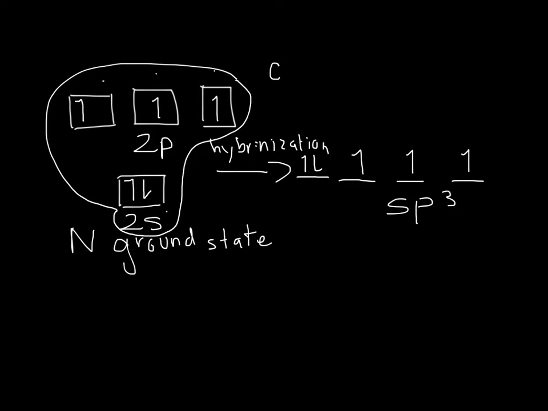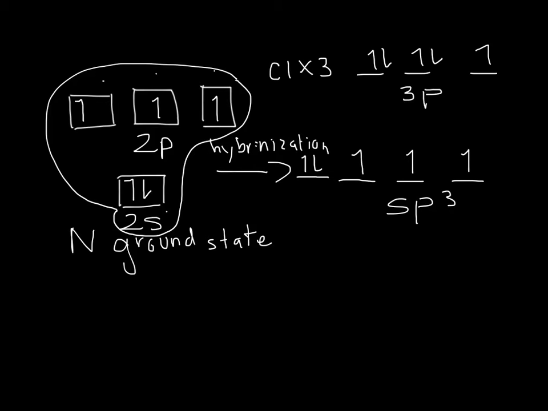For chlorine, we have 3 chlorines, so we're going to multiply this by 3, and the electron configuration of chlorine in the 3p would be 1, 2, 3, 4, 5.